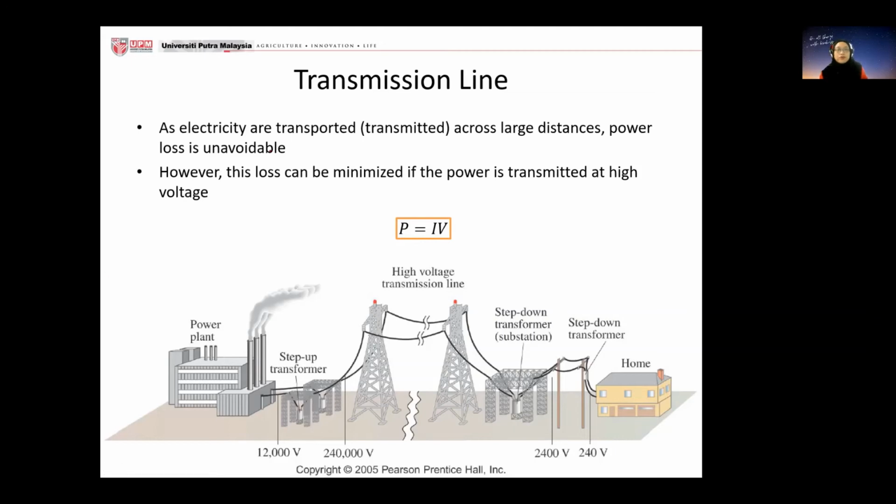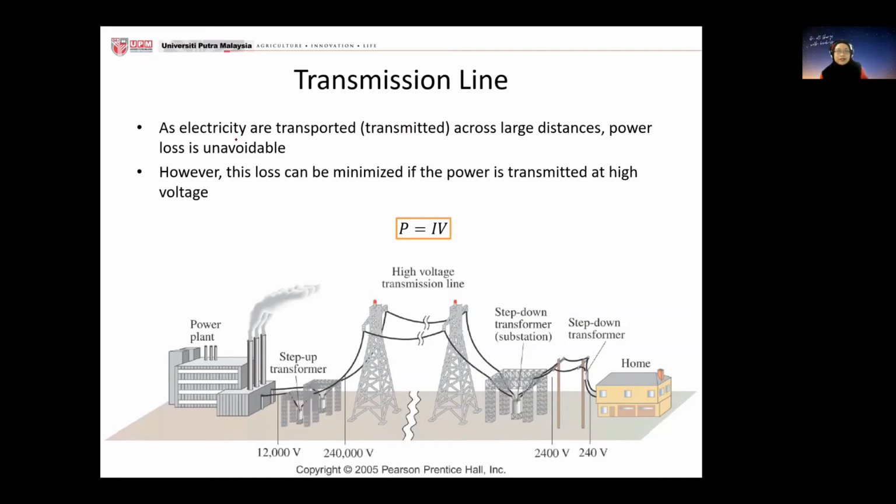So now we look at the transmission line, because you have the power generated, but how does it go from the power plants to your home? Imagine it involves large distances.